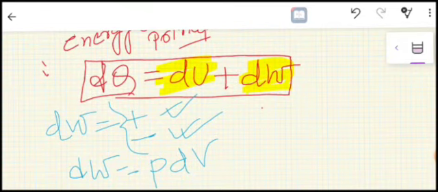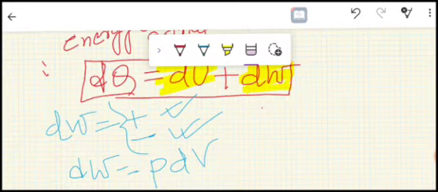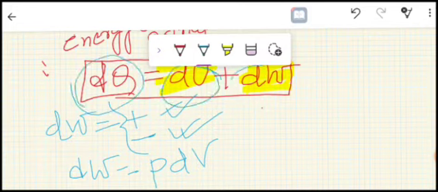it is a combination of some inexact or exact differential, or more scientifically we can say that it is made up of some state variable and path variable. Now, which one is state variable and which one is path variable?